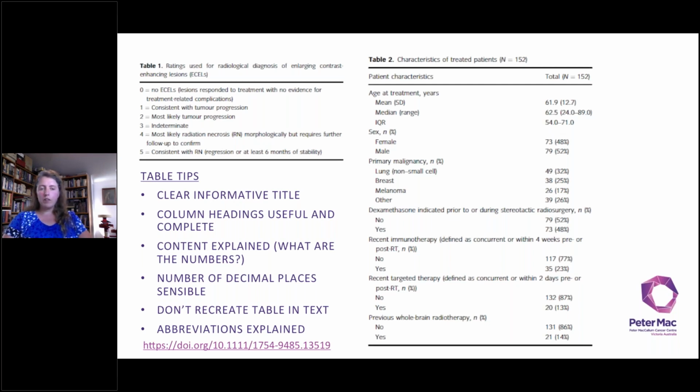One other very useful point to consider is that all of your abbreviations are explained. So if, for example, in this first table, this E cells was just mentioned there without an explanation, it may not be understood by all of the readers in the manuscript.